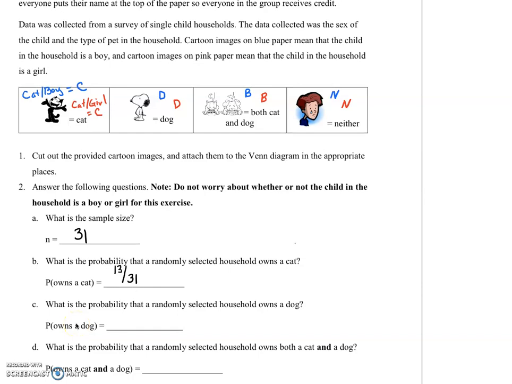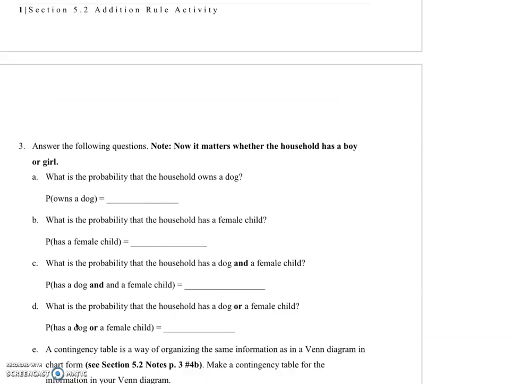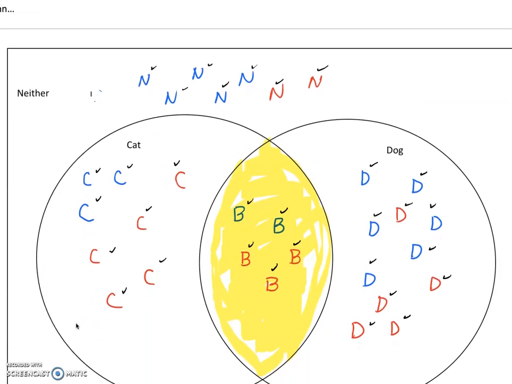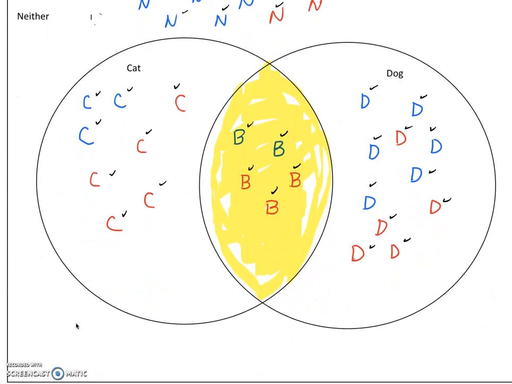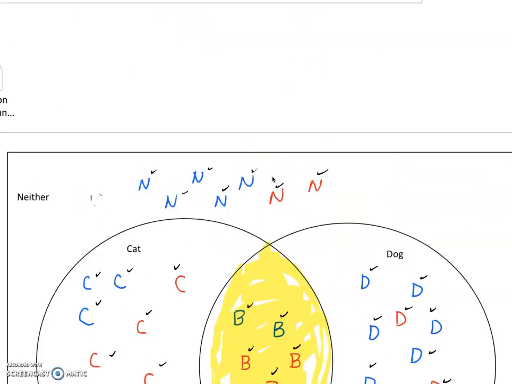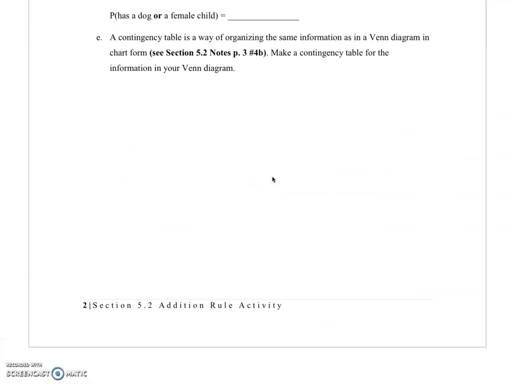I'm just going to leave it a fraction. So what's the probability that the household owns a dog? Okay, same thing. We have to count all the households that own only a dog, plus the ones in the yellow area that own both a cat and a dog because they own a dog. So that's 1, 2, 3, 4, 5, 6, 7, 8, 9, 10, 11 in the only dog category, plus 5 more in the both category for a total of 16.